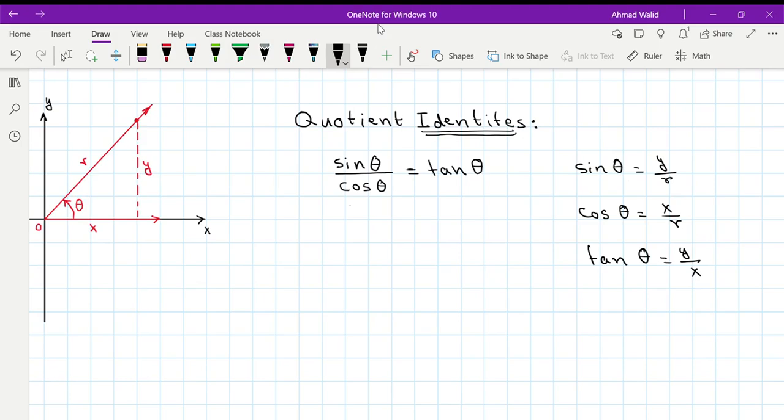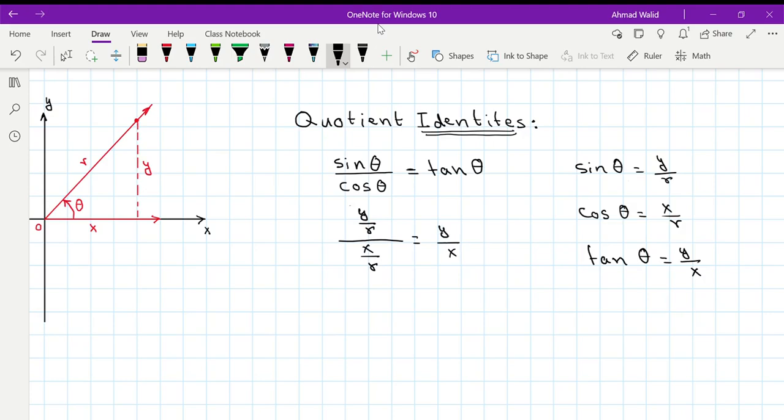Let's replace sine theta, cosine theta, and tan theta in this given equation, which is sine theta over cosine theta equals tan theta. Let's replace them in terms of x and r. Let's use the right side, correct? Here I have sine theta. Instead of sine theta, I will write y over r. Instead of cosine theta, I will write x over r, equals tan theta, y over x.